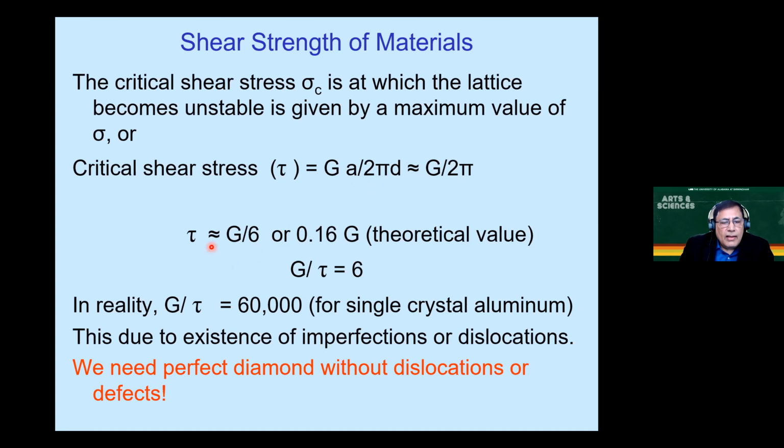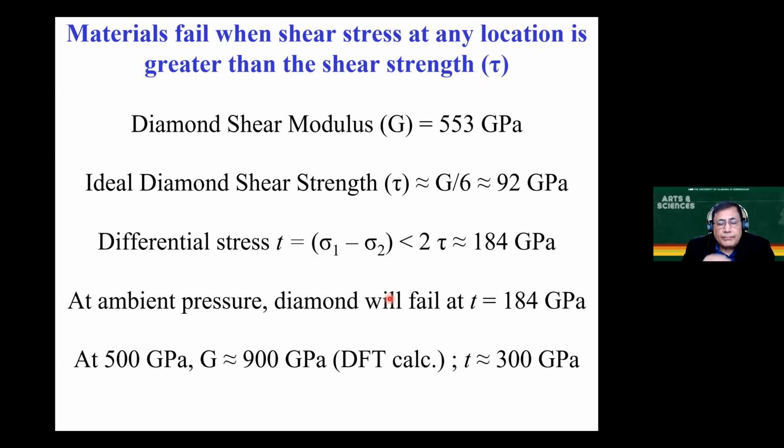In other words, for diamond, the maximum shear stress it can take is approximately G over 6. But in practice, you find that materials never achieve that number. For example, for aluminum, it is G over 60,000. That is related to imperfections and microstructures. So obviously we need perfect diamond without dislocations or defects to achieve our goal of G over 6.